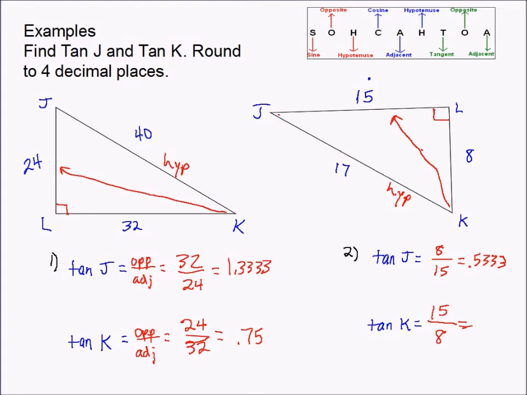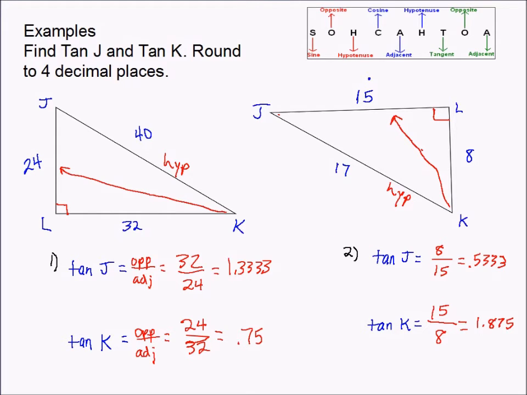So go ahead and plug in 15 divided by 8. And you're going to get, wow, it just won't let it go. We are talking about 1.875. So that's how you do tangent.